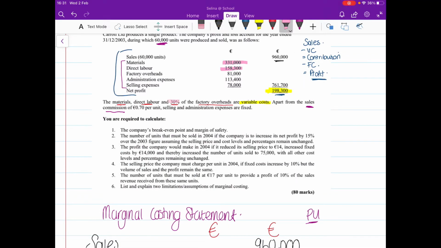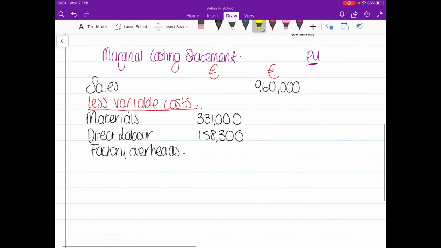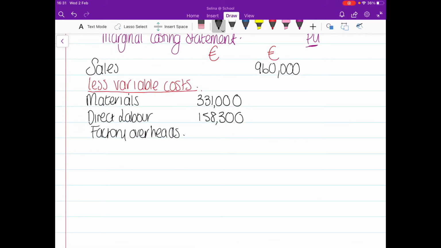It says that 30% of the factory overheads are variable. So go to your factory overheads, the 81,000 I've highlighted in yellow there. Into your calculator, 30% multiplied by 81,000 is variable. That should give you 24,300 euro.